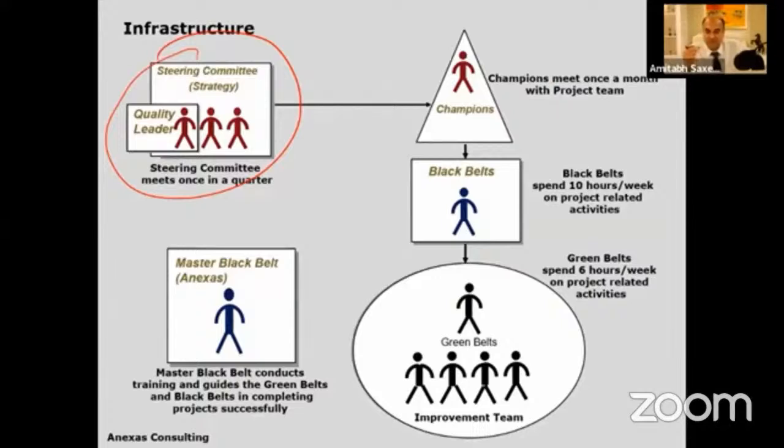Champions training means the heads of the departments will be given basic training of Lean Six Sigma. Then they will choose the projects and assign them to black belts and green belts. You can have both black belts and green belts in the system, or you can have only green belts also.